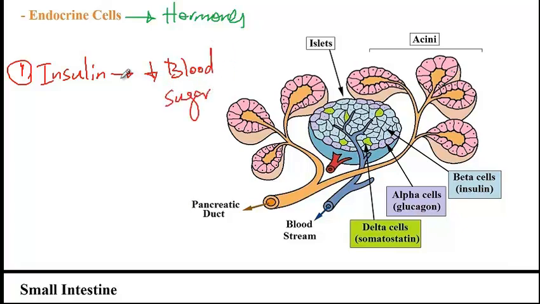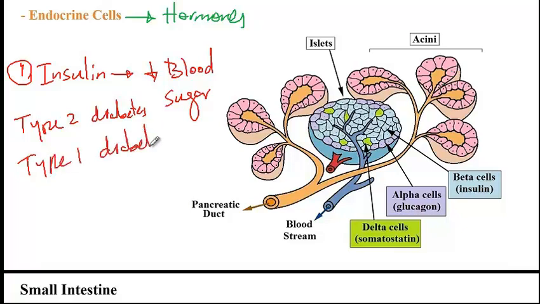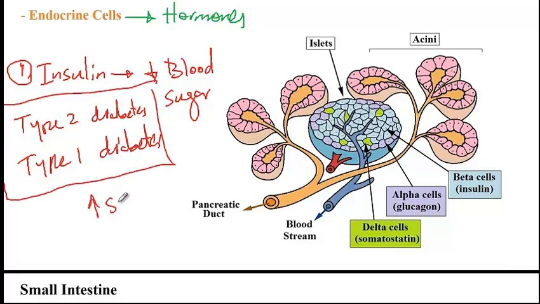So in diabetic patients, if there is increased resistance to insulin, that would be type 2 diabetes, or if there is decreased secretion of insulin, like from autoimmune destruction of the pancreatic beta cells, that would be type 1 diabetes, where there would be no production of insulin. In these patients, since there is no insulin, their blood sugar will keep rising. So that's the function of insulin.